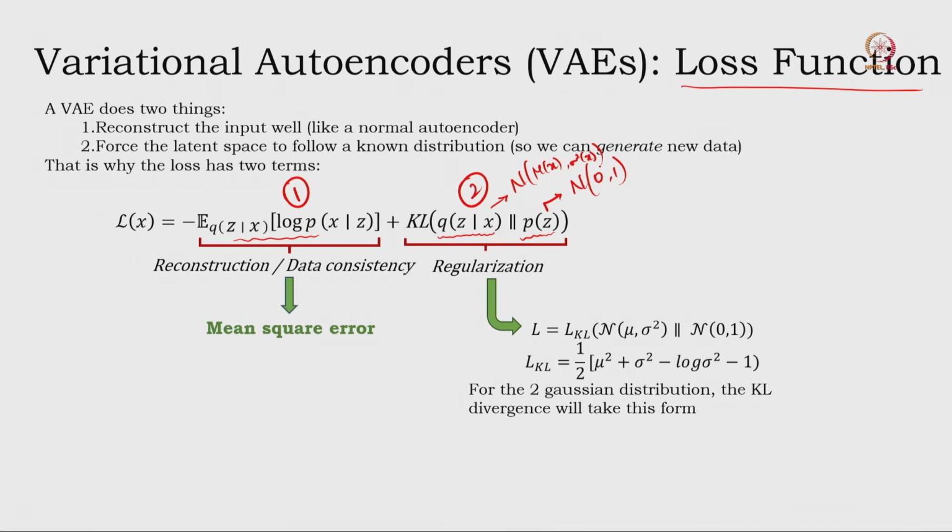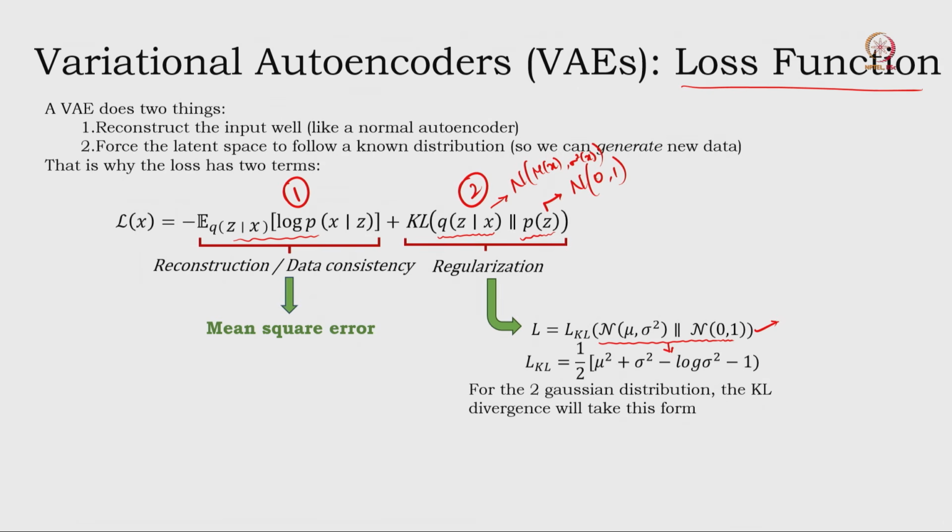These are the parameters written here. What do we mean by closed form? One where you can put the values in and solve it. Here you do not have any such formula, therefore this same term can be represented in this form. This is the loss function.